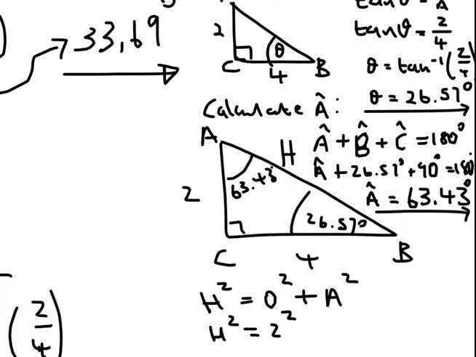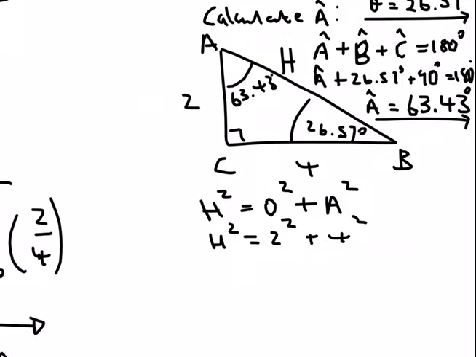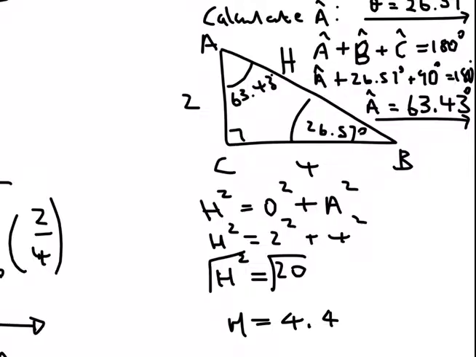When you use the theorem of Pythagoras, it doesn't matter which side is opposite and which side is adjacent, just like you've noticed in the past lessons. So we have 2 squared plus 4 squared, which equals 20. Then you need to square root both sides, so h equals the square root of 20, and then it gives you 4,47. So that should be the end of it.